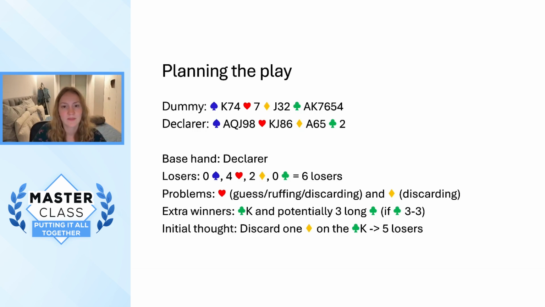Now, the initial thought here is, let's think about the extra winner that we definitely have. We could use that to discard one of our losers, either in hearts or diamonds. So why have I said here that I'm definitely going to discard a diamond rather than a heart on the king of clubs?